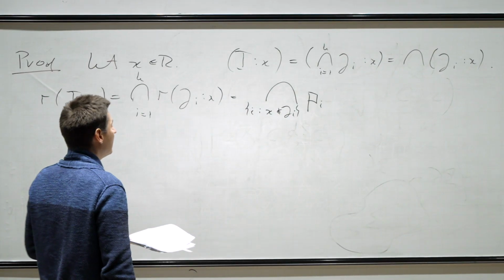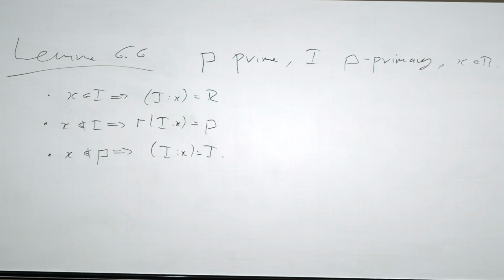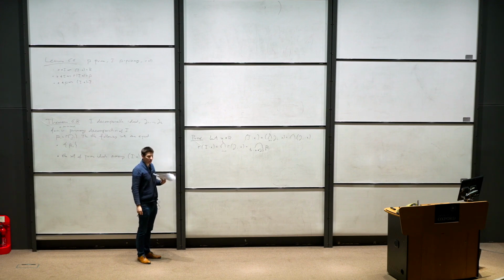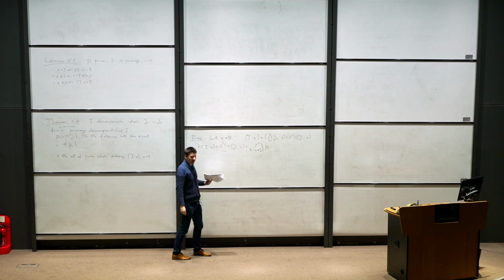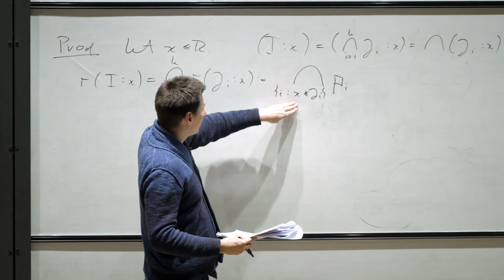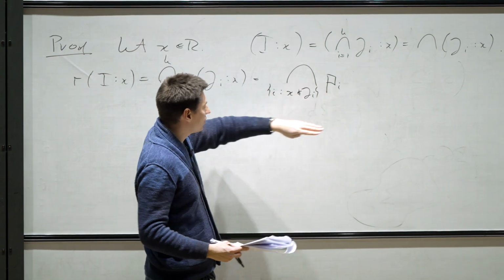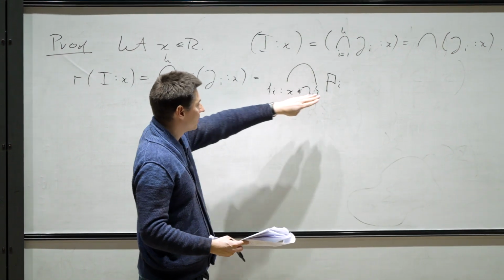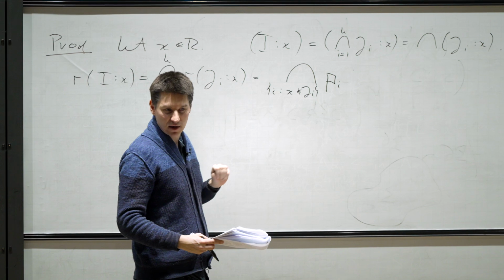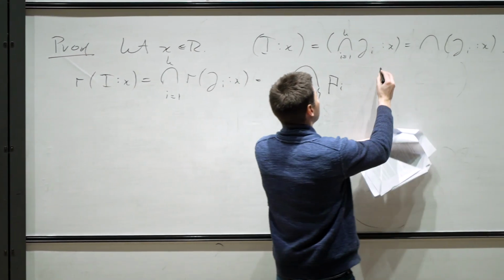What if x is in Ji? If x is in Ji, then this ideal Ji divided by x is the whole of R. So the radical is also the whole of R. When I take an intersection, I don't care about R, right? So the ideals which contained x don't contribute, and the ideals which did not contain x contribute the prime. Okay, so this is just a computation from lemma 6.6.